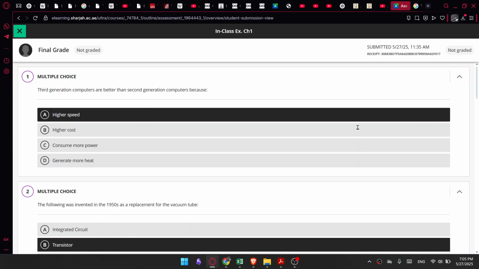QR refers to quick response, and you have to know it.